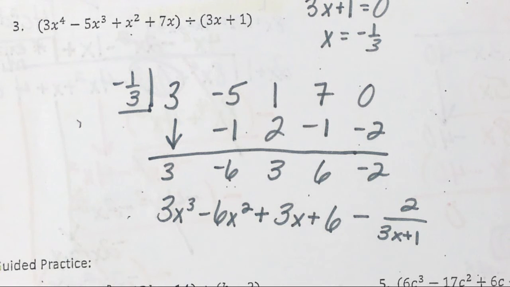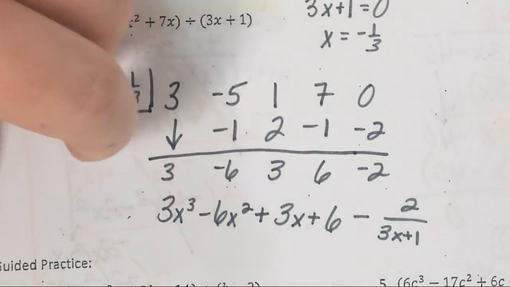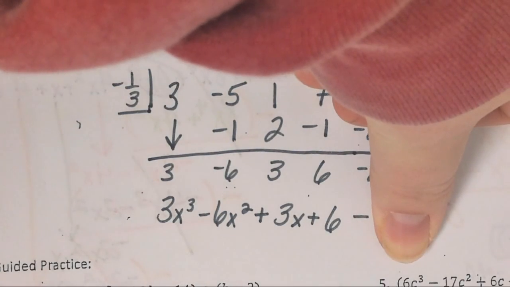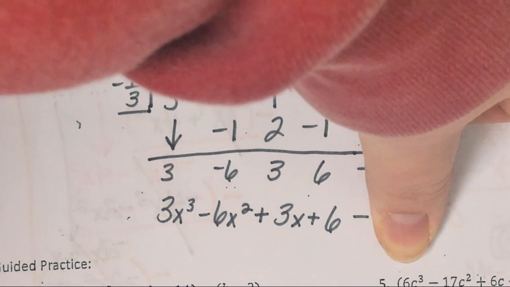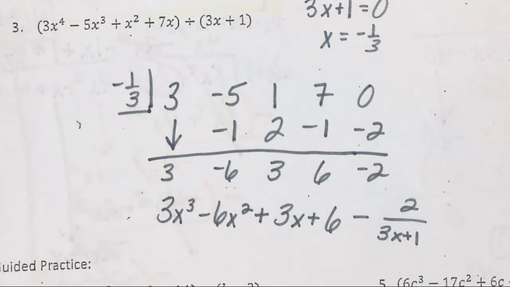You see how we could pull out a 3 out of the first. So we have the same remainder, but their answer is x to the third minus 2x squared plus x plus 2, because they pulled out that 3. I think that's weird. I don't know about you. Ask Miss Brewster, maybe she has a different suggestion on how to handle this beast.